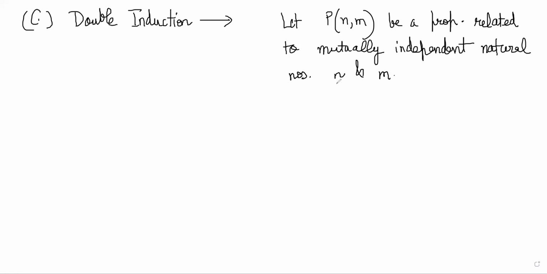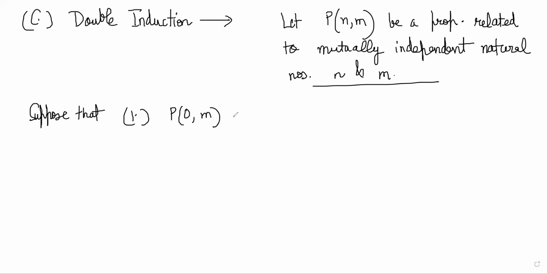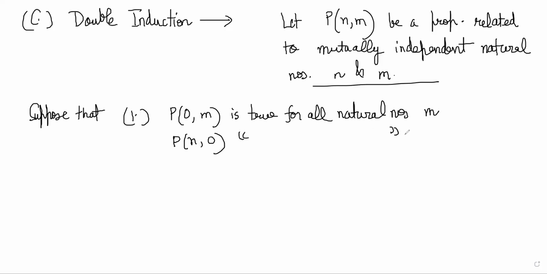Now we suppose that first of all, P of 0, m is true for all natural numbers m, and similarly P of n, 0 is true for all natural numbers n. So this is basically the base case for double induction. You have two different variables n and m, and you say that one of them is fixed at 0 and the other can vary over all natural numbers, and then this base case is true.